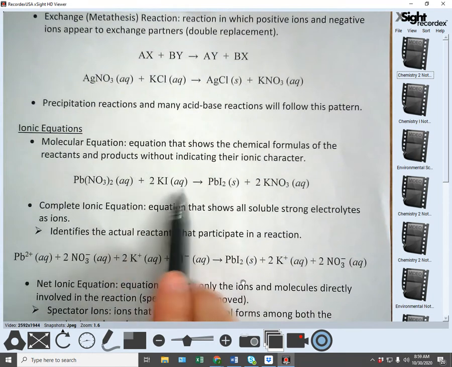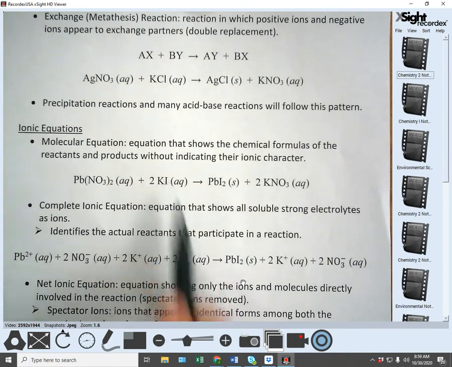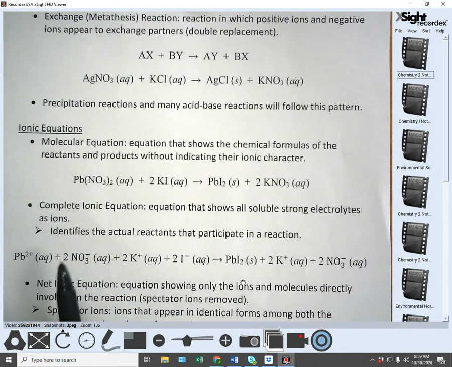KI, we split that up because it's aqueous: K+, I- 1. Now, on this, I put the coefficients in front. When we're starting out, I usually don't have you worry about the coefficients.